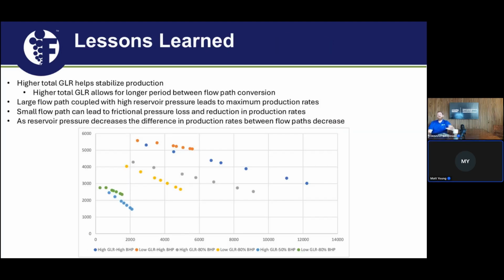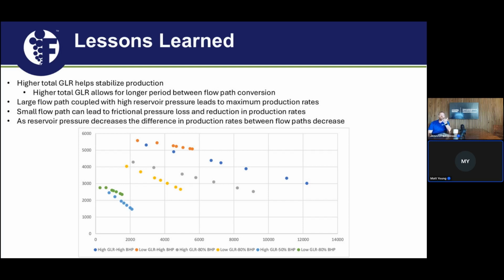A couple lessons learned we found working on this project with a couple of operators is that TGLR, or our gas to liquid ratio, really had the biggest effect on picking flow areas. One, just simply for flow area selection, and two, the time period to convert to a smaller flow area.